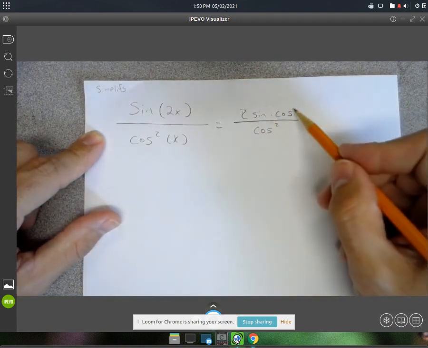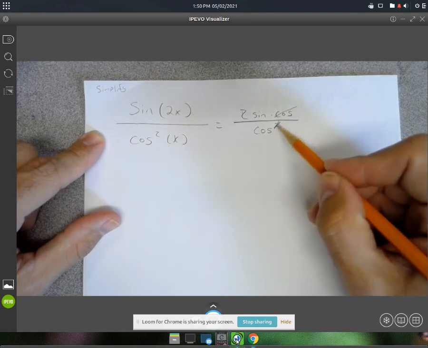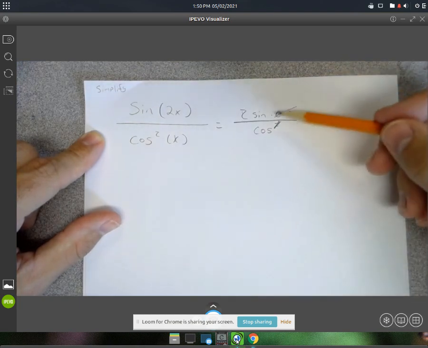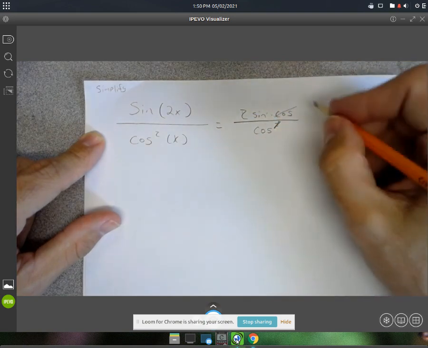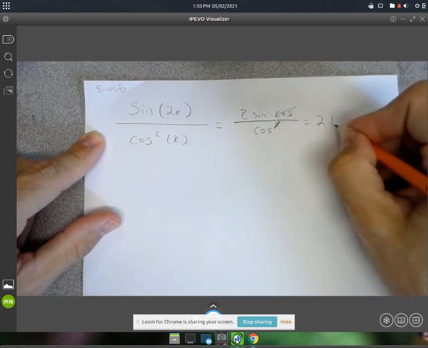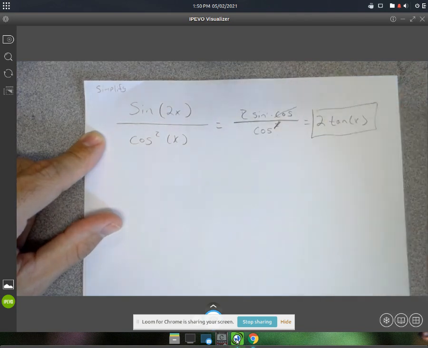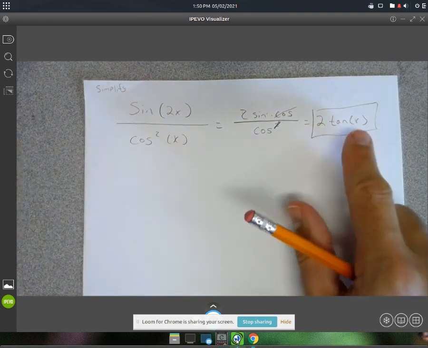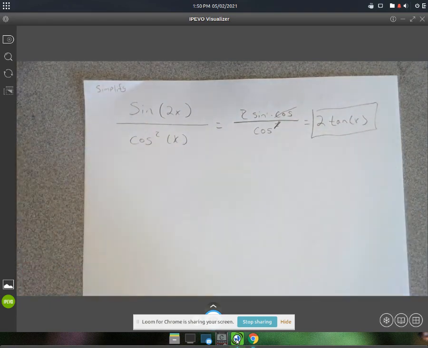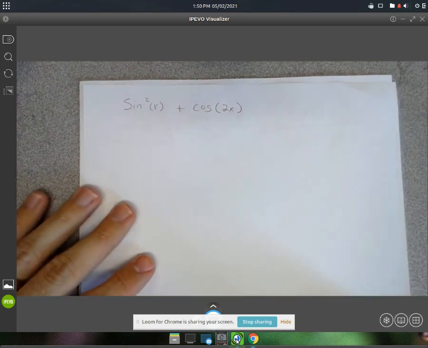Then we can cancel one of these cosines with one of the cosines down below. What we wind up with is 2 times sine over cosine, which is 2 tangent. So we used it to take this rational trig expression and write it in terms of just one trig function.